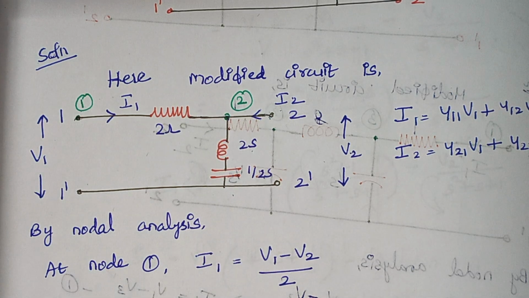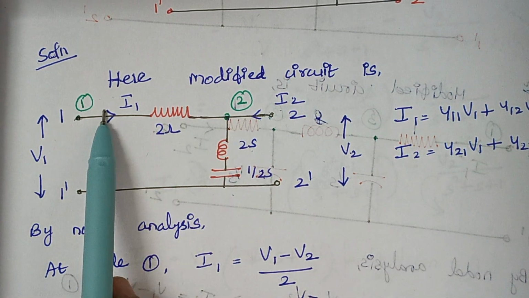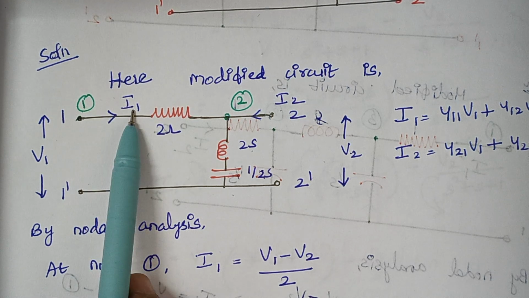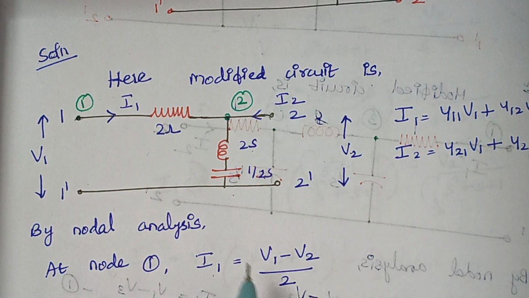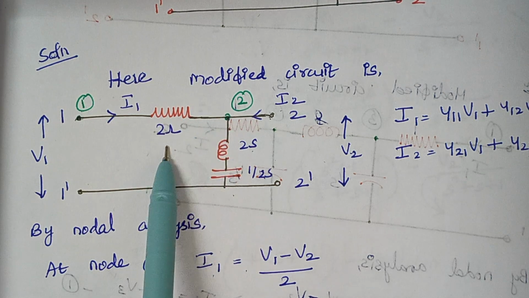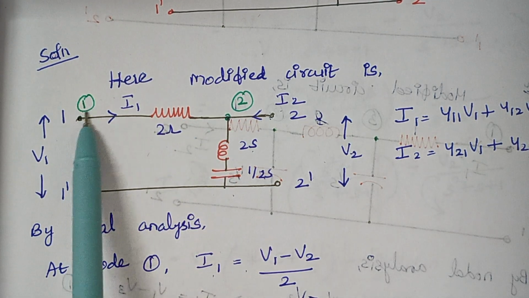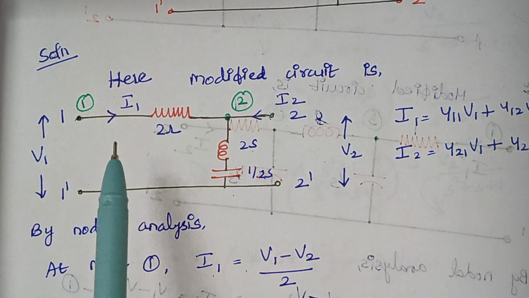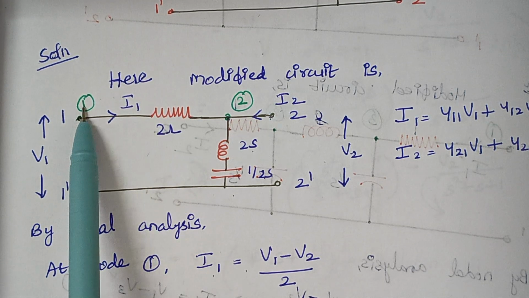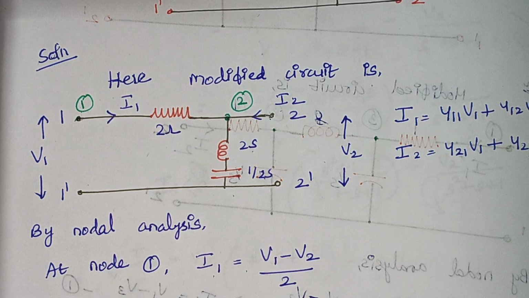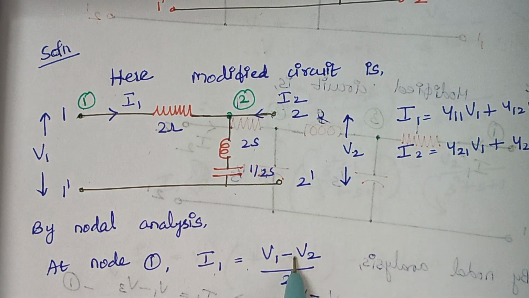While writing the equation, the current which flows through this node is I1. So I1 is equal to V1 minus V2 by 2. As we are considering node 1, this should be given importance. That's the reason why I am writing it as V1 minus V2. So I1 is given by V1 minus V2 by 2.